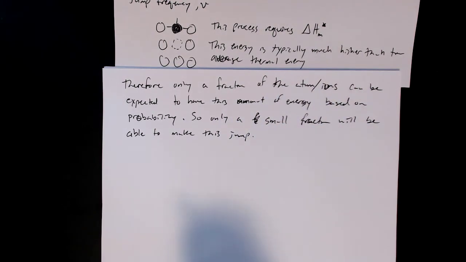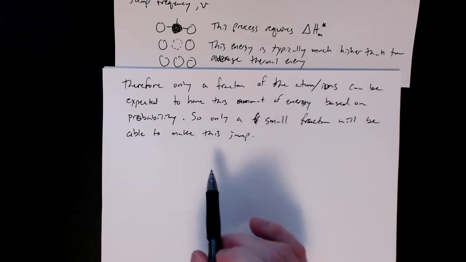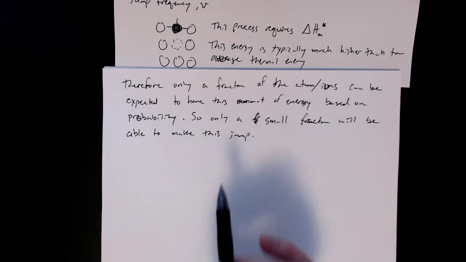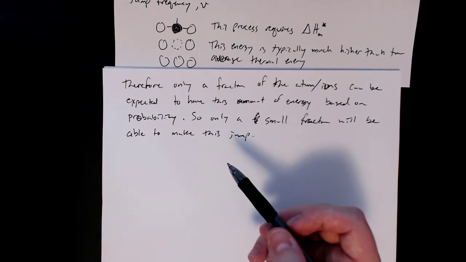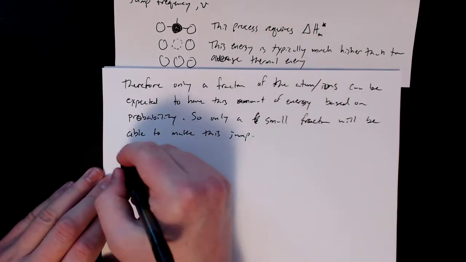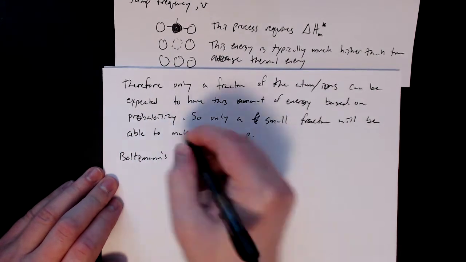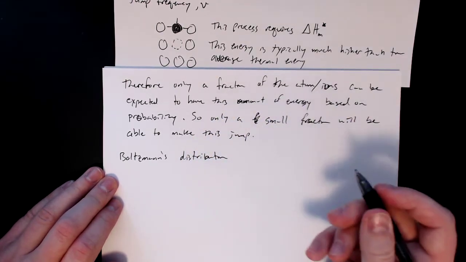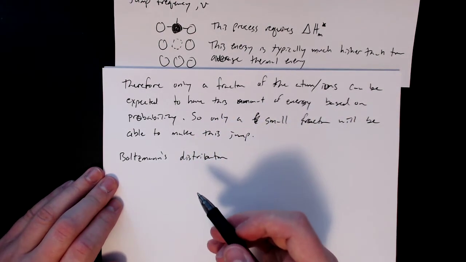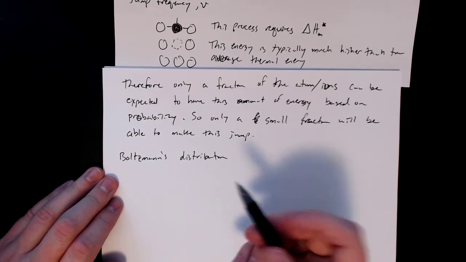And so I want to look for a second then at this probability, this term that we're talking about, nu, because this is what we need to know, how much energy. And this is governed by Boltzmann's distribution. This is the scientist that came up with this distribution, that's also related to Boltzmann's constant, which we'll see here in a second.